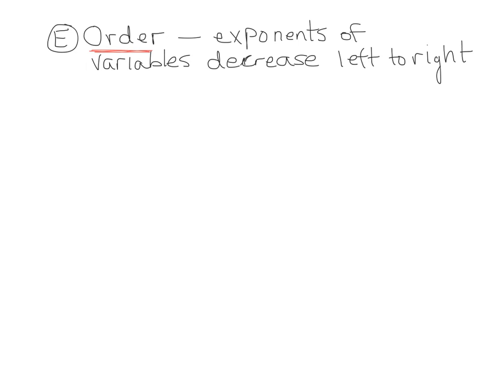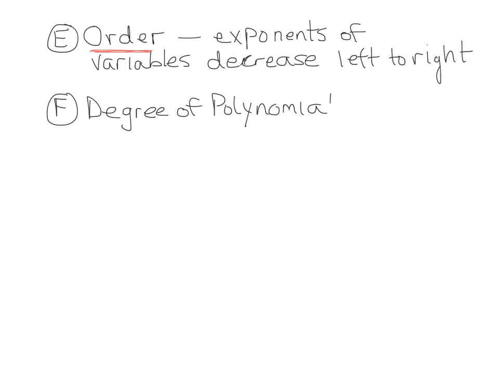And then the last thing is that you can also find the degree of the polynomial. Now the degree of a polynomial is found differently than the degree of a monomial.